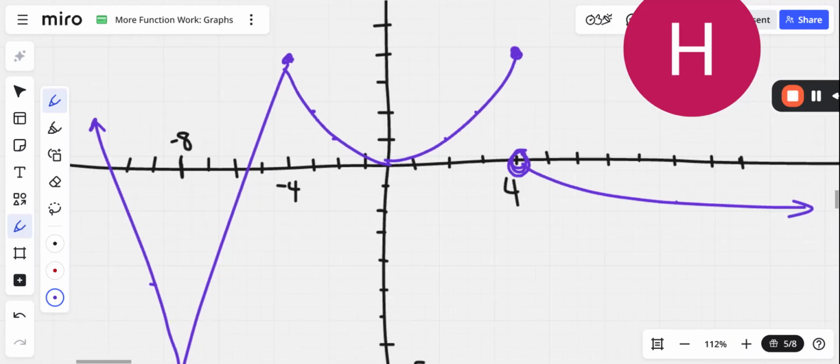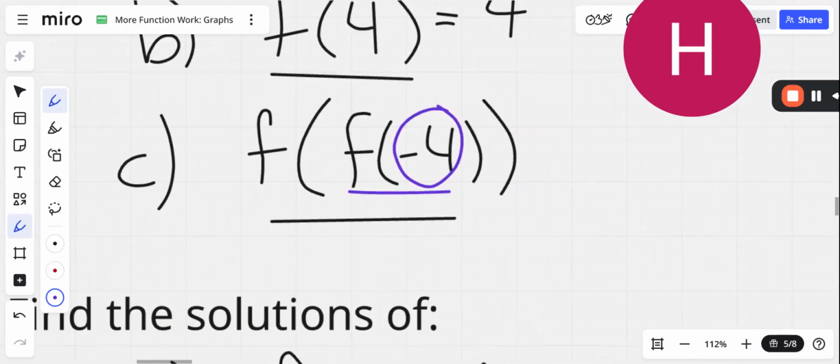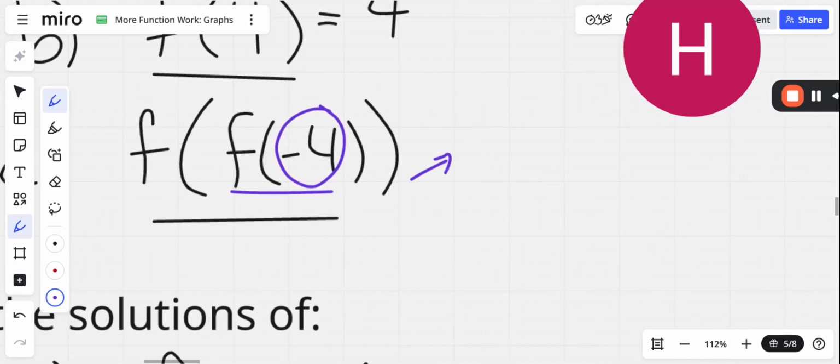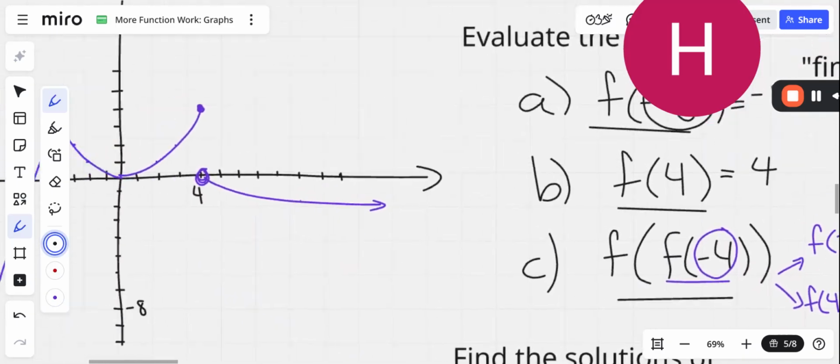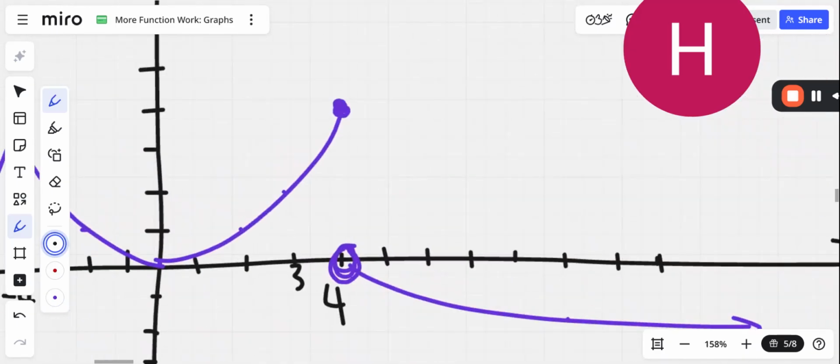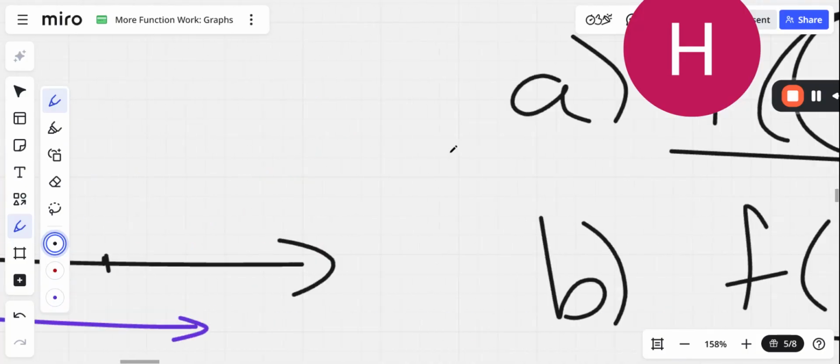So let's make two cases. It could be f of 3 or it could be f of 4. It's ambiguous because I poorly drew the graph. So f of 3 would be the function value here at 3, which is clearly 2. That's the y value. But if we use f of 4, that's going to have a y value of 4, just like we saw in part B. So on one hand, you could say this equals 2, and I think that'd be fine.